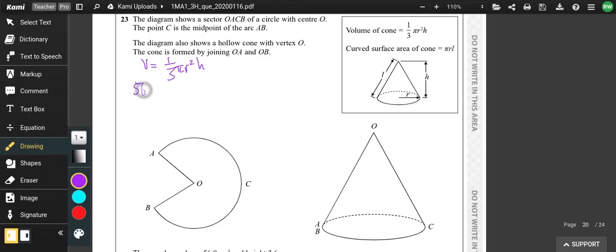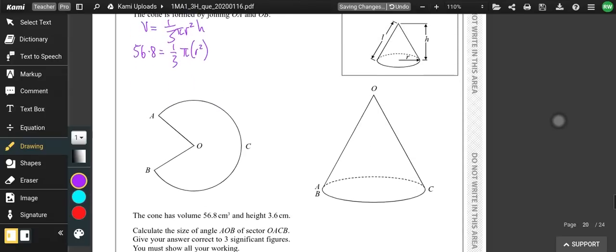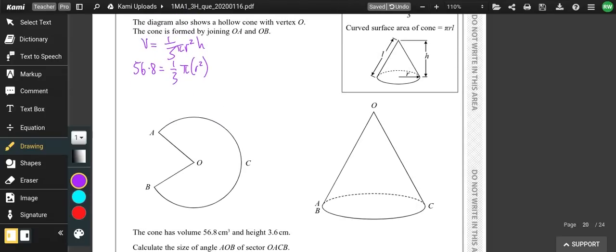So 56.8 is equal to a third pi r squared, which we don't know, and the h, which is 3.6. So times both sides by 3, and then divide by 3.6 pi. That will give us r squared.